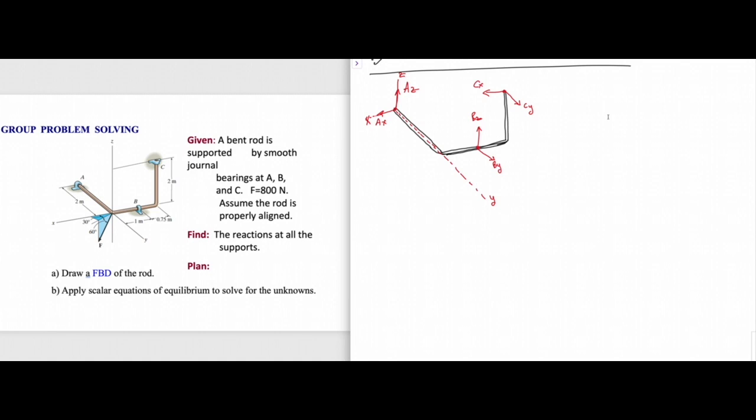For example, the bent rod from A to C, can it rotate? No, it can't, because of the reaction forces that we drew. They prevent it from rotation, they prevent it from translation. So this can withstand any type of loading successfully. So if this is the case, we don't require to represent moments if we have two or more journal bearings. Remember that.